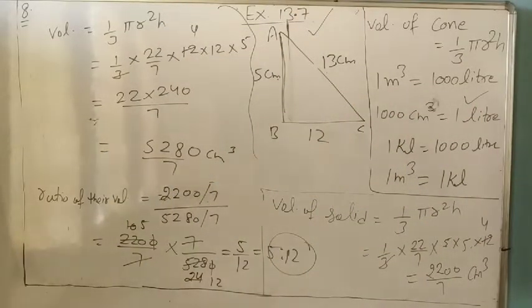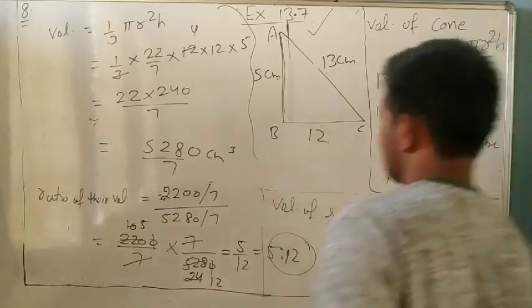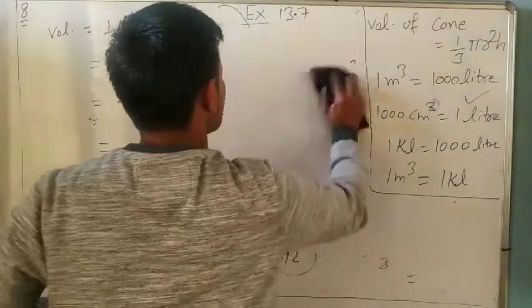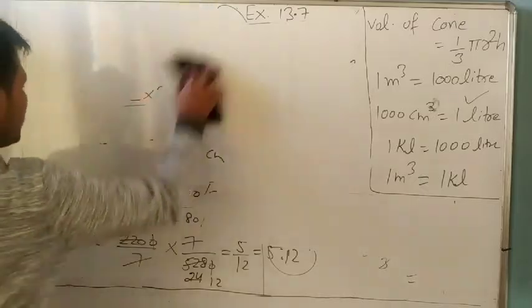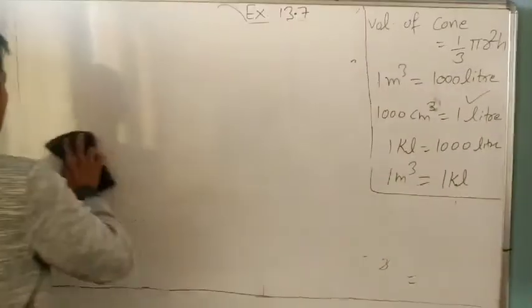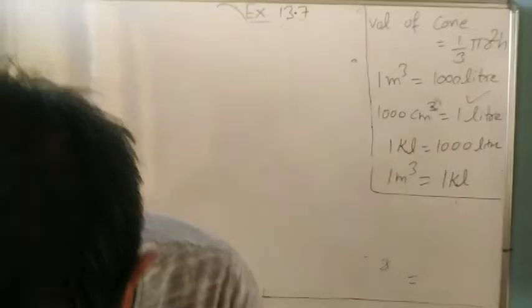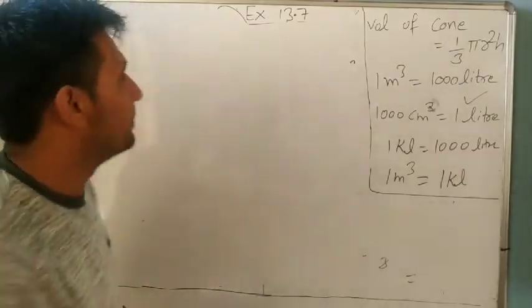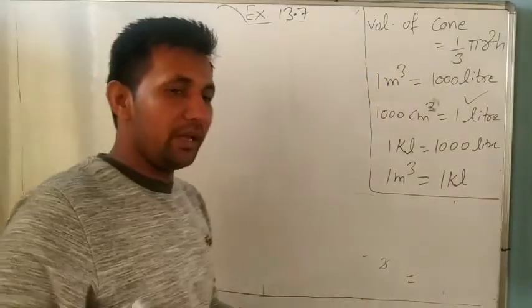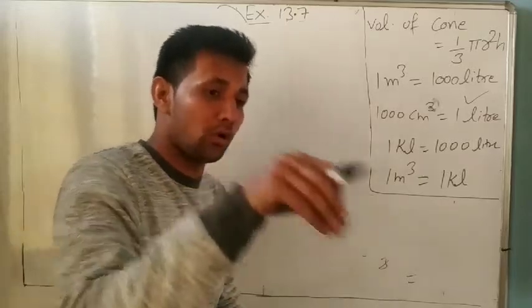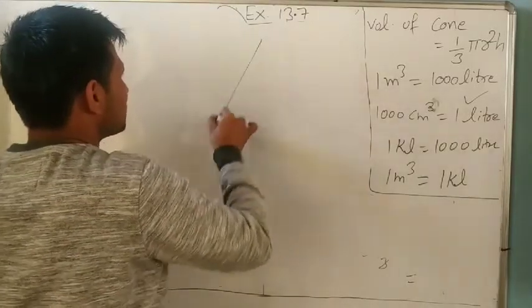Okay. Now only the last question remains, the ninth question, and it is very simple. Do your ninth question yourself. What is the question? I only explained it a little bit and you do the rest. A heap of wheat. It means when we put the wheat on the ground, it becomes like this shape, or not?